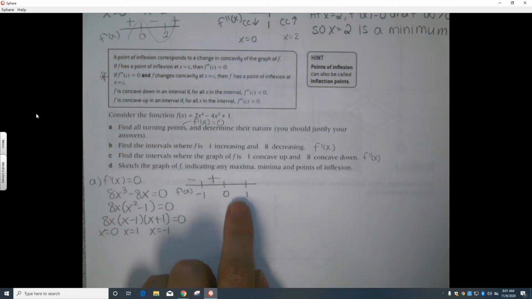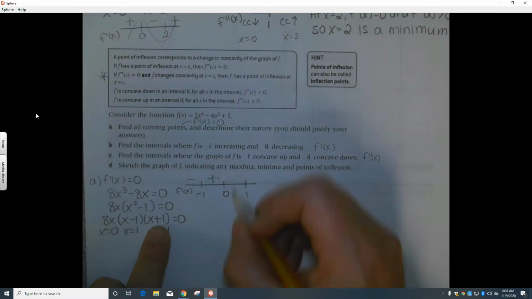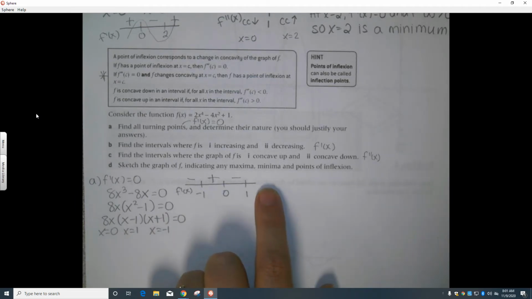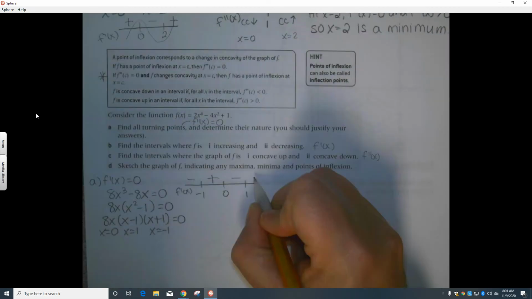Between 0 and 1, positive 0.5. So I get a positive, a negative, and a positive. That gives me a negative. And then last, something on the right here, I picked 10. Positive, positive, positive gives me a positive.